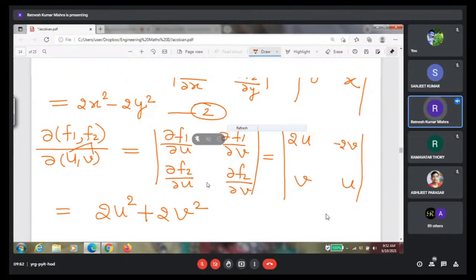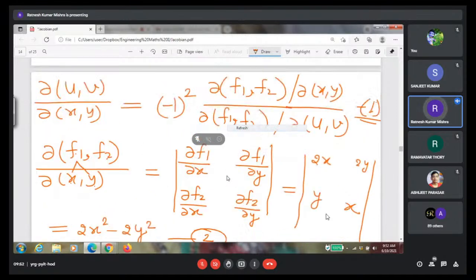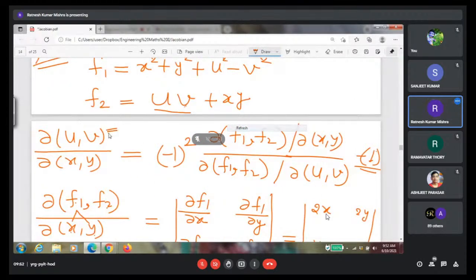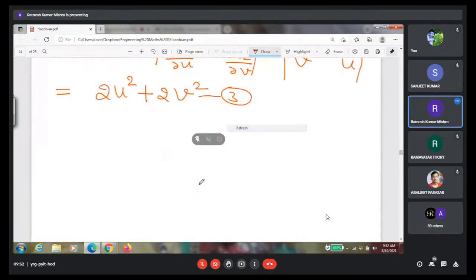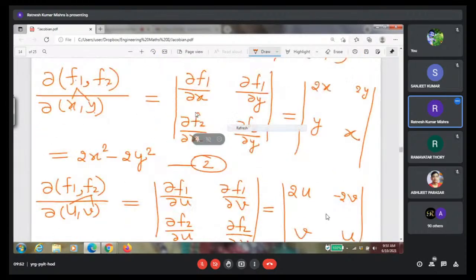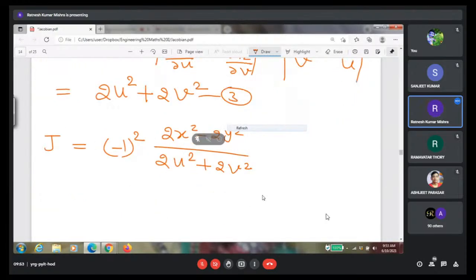So now by formula number 1, suppose this is denoted by J. So J equal to minus 1 square, 2x square minus 2y square, divided by 2u square plus 2v square.